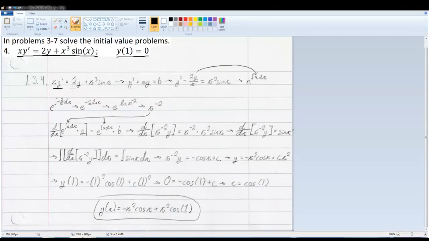We also want to get the y on the left side. So we want basically this kind of structure. I know the notes used p(x) and q(x), but I just prefer to be a little simpler and use a and b.